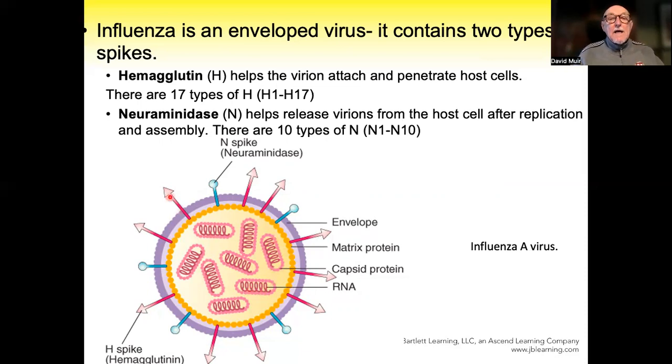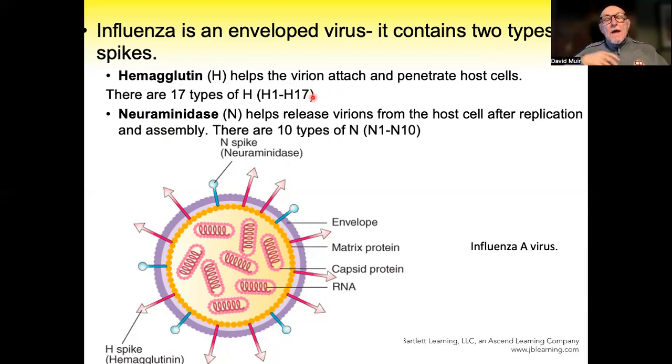On the outside, it has the typical spikes for a virus so that it can attach to the correct cells in the correct host. And these are called H spikes, which stands for hemagglutinin. Hemagglutinin is a binding protein that attaches the virus to the host cells, and also allows it to penetrate into the host cell and inject the 8 capsids.